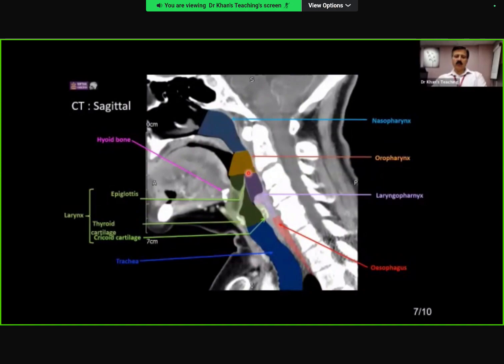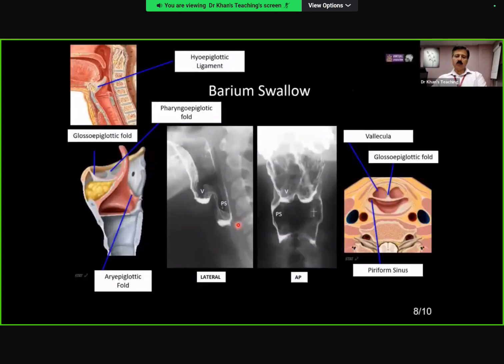Same thing on a CT scan. Oropharynx, and this is the laryngopharynx or the hypopharynx, and the hyoid bone in the middle. Look at this picture, epiglottis, and this is that glossoepiglottic fold, and this is pre-epiglottic fold. And on an axial diagram, same thing here, epiglottis, and this is the glossoepiglottic.